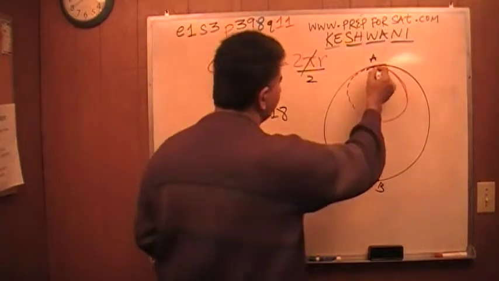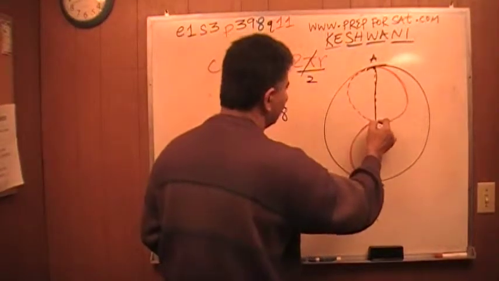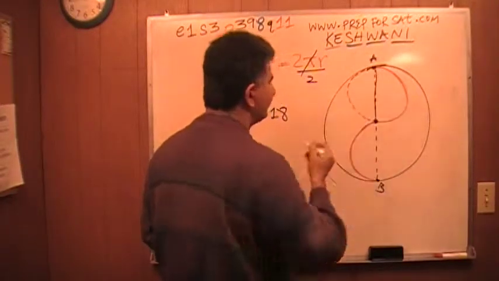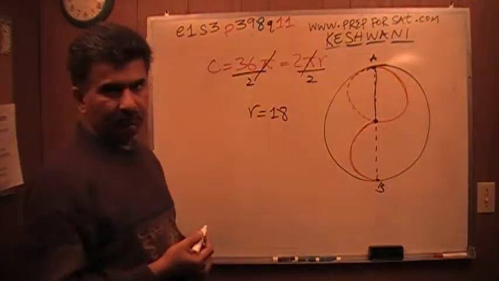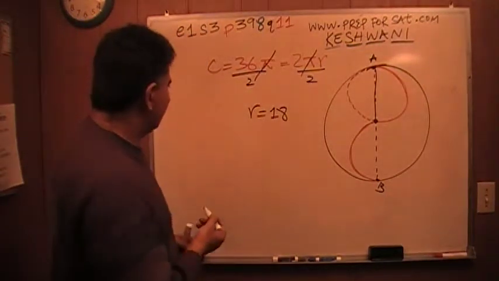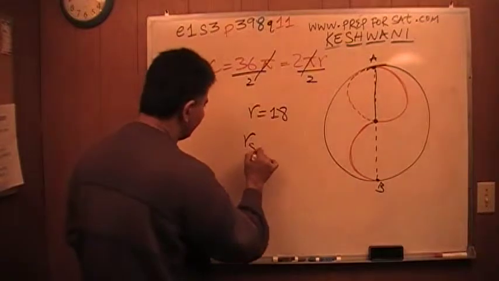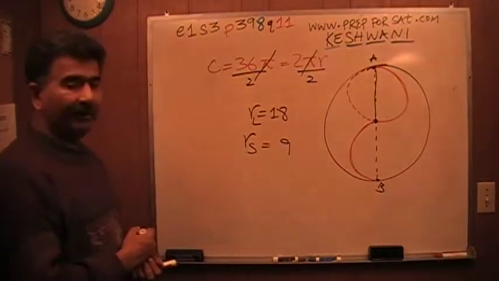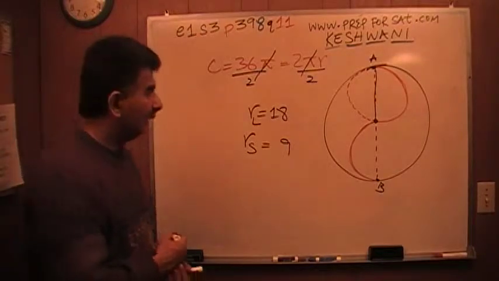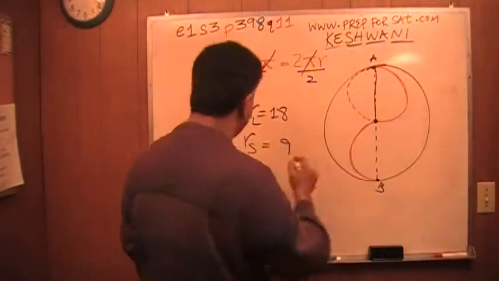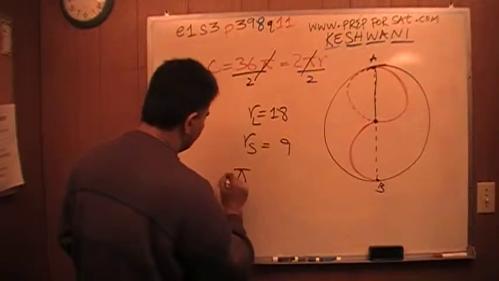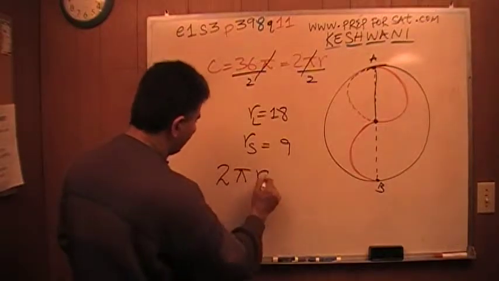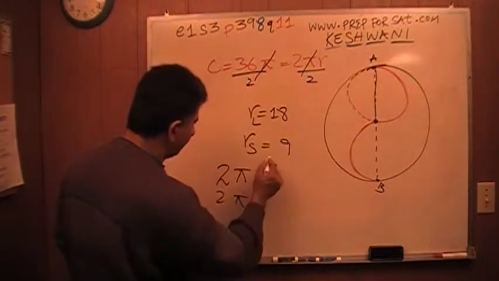But the radius of the large circle is from here to here, which is the same as the diameter of the small circle, which tells me that the radius of the small circle has to be 9. Now that I know the radius of the small circle, the circumference of the small circle would be 2 times pi times r.